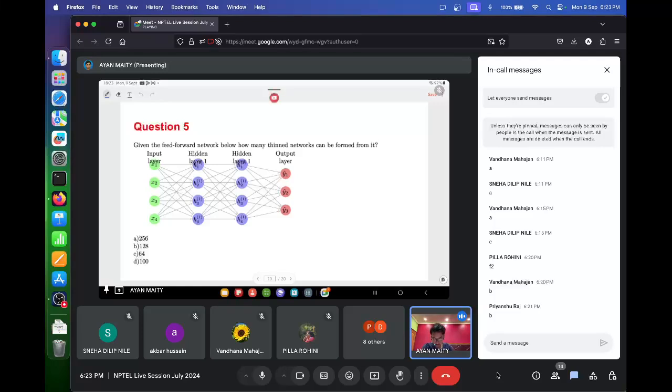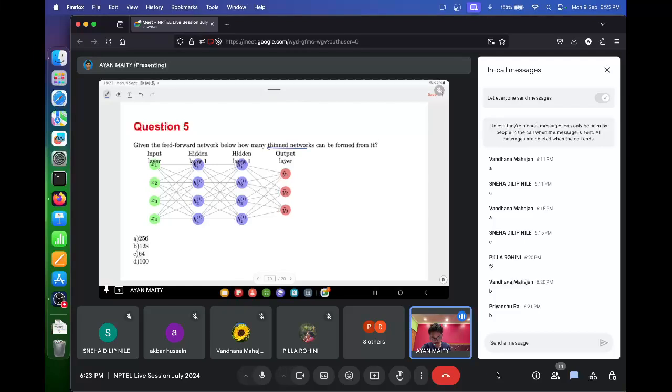Now question 5. Given the feed forward network below, how many thin networks can be formed from it using dropout? So thin networks are formed by using the dropout technique. We drop several units among the hidden layers, the hidden units, in order to form those thin networks.